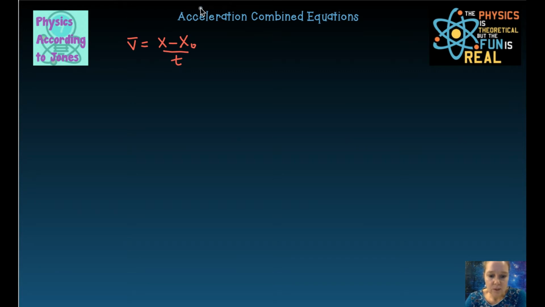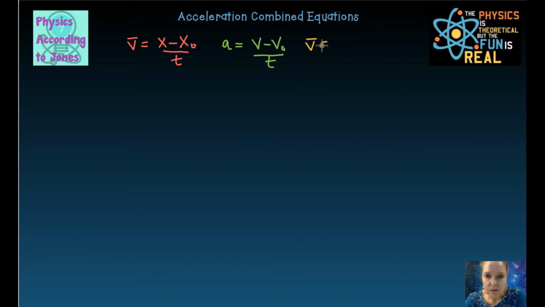And then we had an acceleration equation that said change in velocity over time. We can write that as v, our v final, minus v naught, our initial velocity, over time.